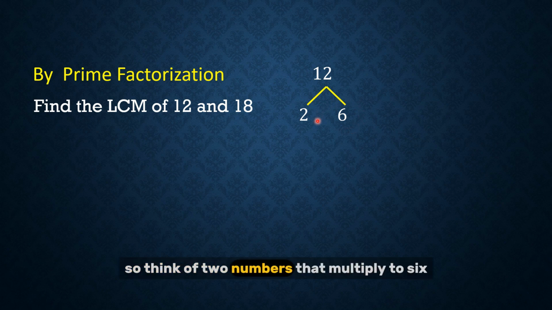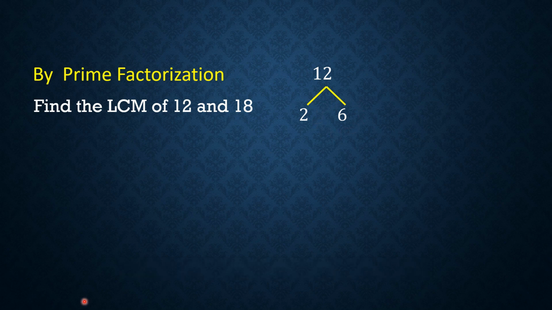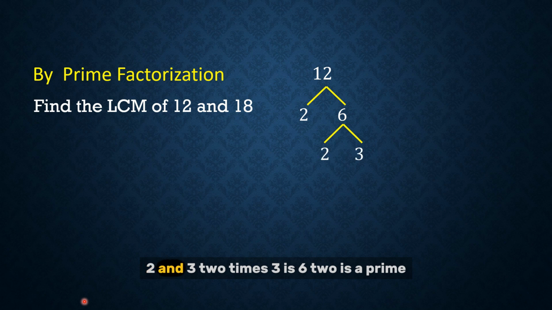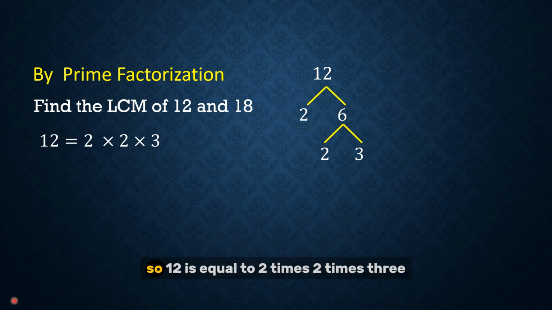So think of two numbers that multiply to 6. 2 and 3. 2 times 3 is 6. 2 is a prime number, 3 is a prime number. So 12 is equal to 2 times 2 times 3.